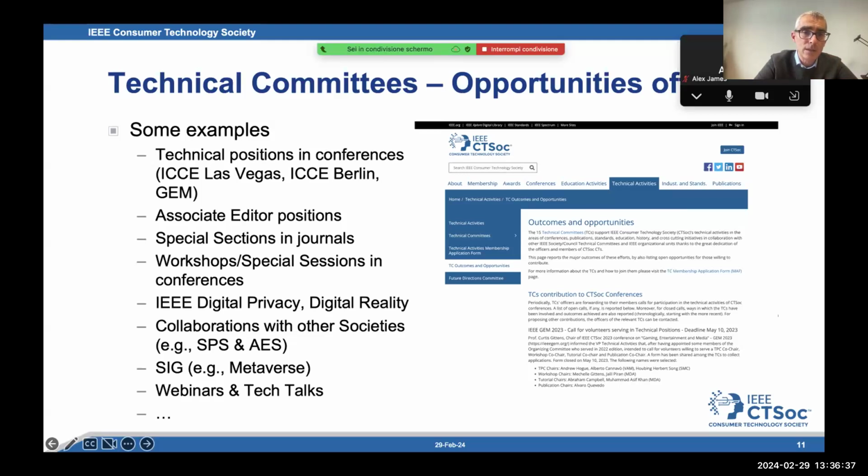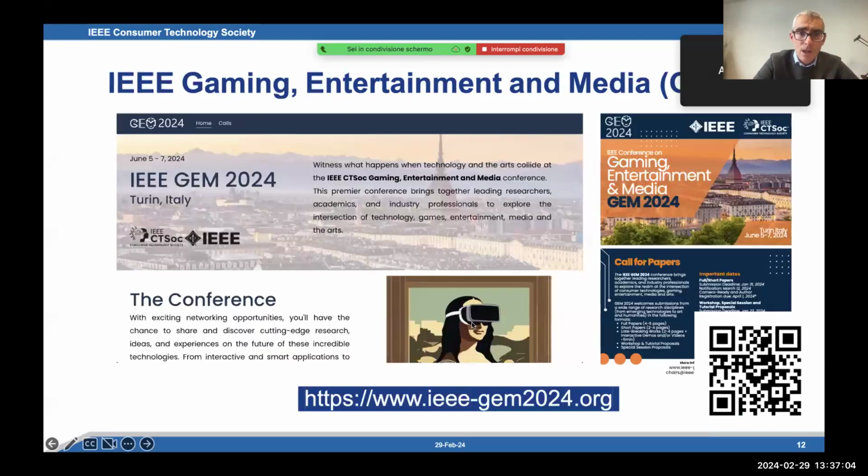We supported the launch of special sections and issues in journals, special sessions in conferences. We participated in the creation of initiatives with other societies and organizing units like the IEEE Digital Privacy Initiative or the IEEE Digital Reality, collaboration with other societies, special interest groups, and the technical talks as well.